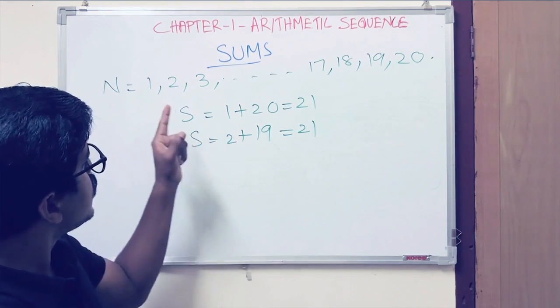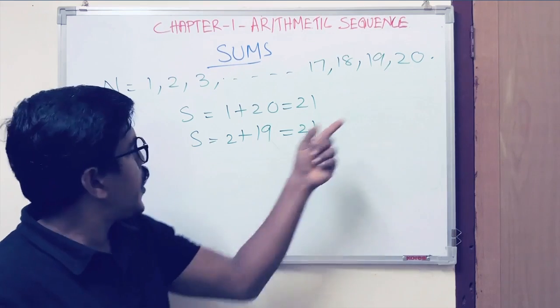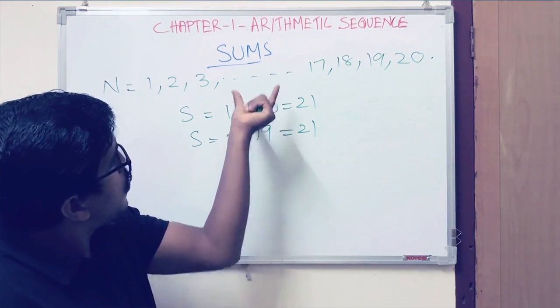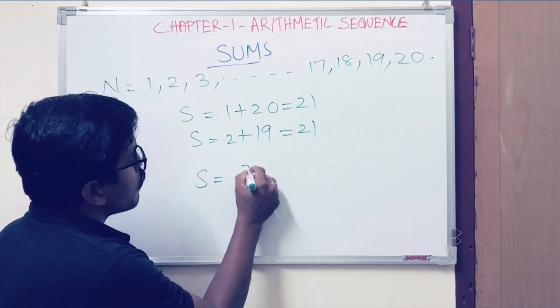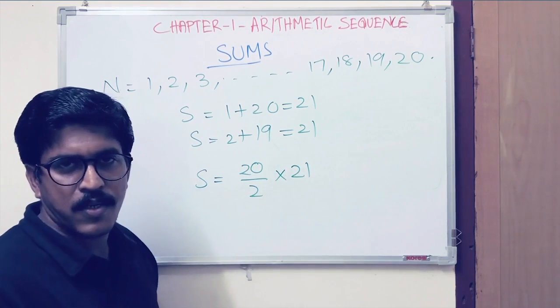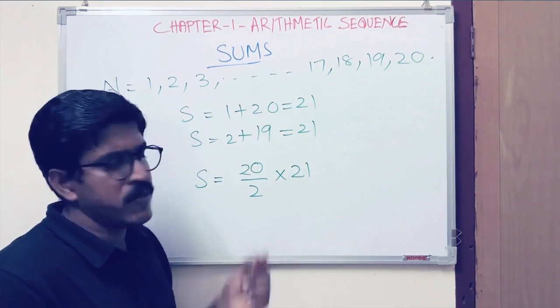We already said how many terms are here: 20 terms. At a time we are taking 2 terms, so half the number of terms, that is 20 by 2 times 21. Instead of adding, we can just multiply by 21.